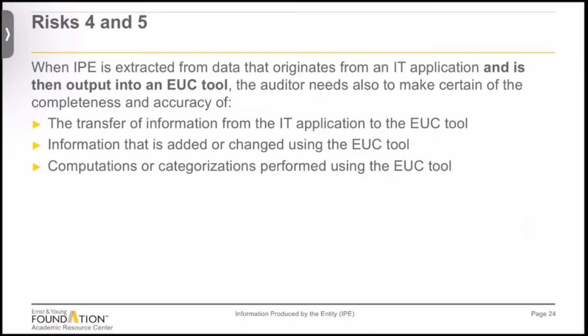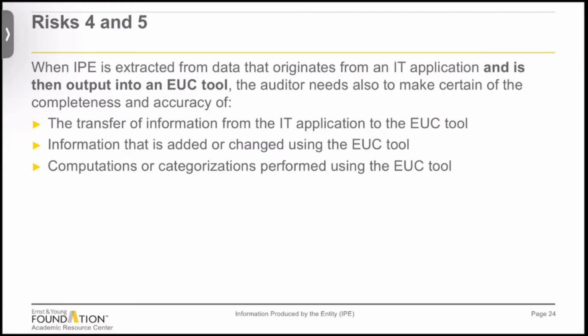Next, risk 4 and 5 are similar. So when IPE is extracted, risk 4 and 5 is when the IPE extracted from data that originates from an IT application and is then output into an EUC tool.